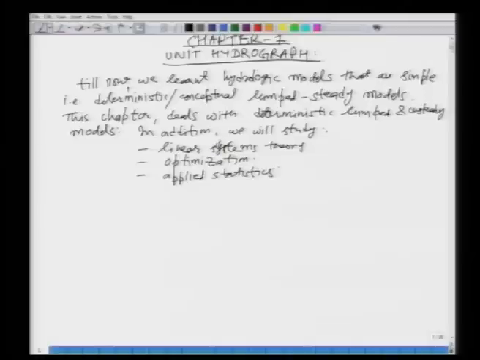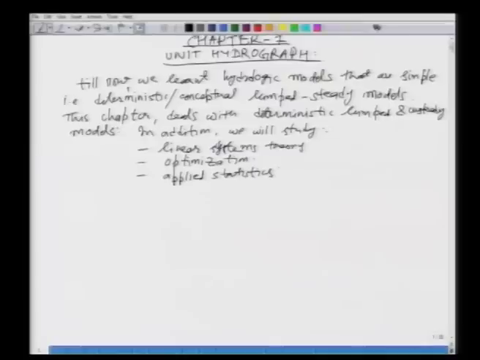If you look at the linear systems concept, in the first chapter we had looked at the systems concept. Let us review what a systems concept is with reference to this chapter on unit hydrograph, and then we will go to the linear systems concept.